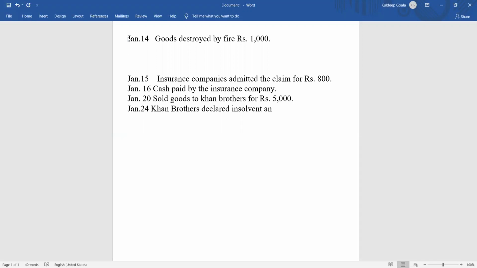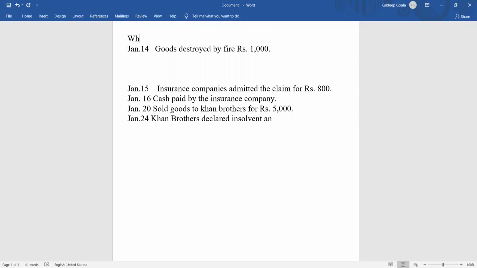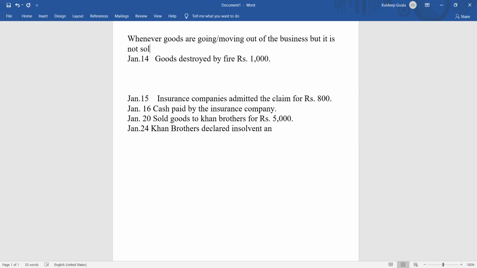Another thing, I'm just giving a note for that. Remember that whenever goods are going or moving out of the business, but it is not sold, it is going out from the business but it is not sold, it will be recorded in the name of purchases account.